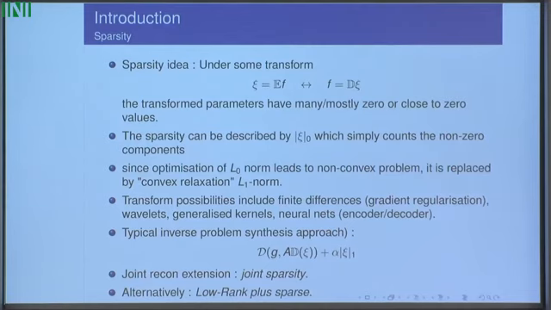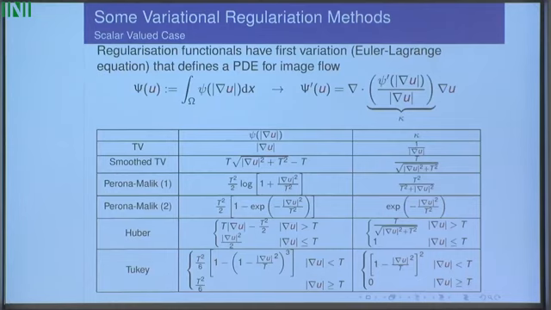And an alternative, which I won't have time to discuss, is this idea of low rank. So we say that the image in some transform domain is of low rank. But that's a global estimate of the image rather than a local. And then a key tool is regularization functions, typically defined in some way like this.